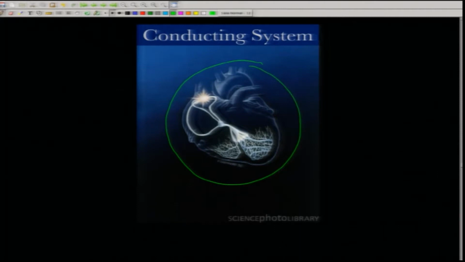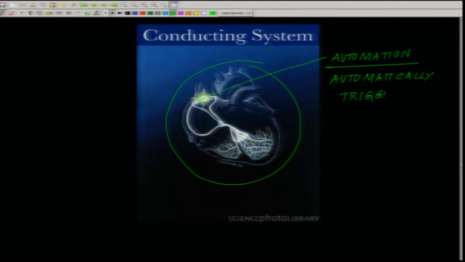So, the impulse, this is what indicates the automatic triggering of the conduction system.